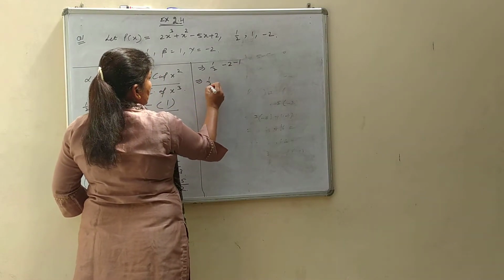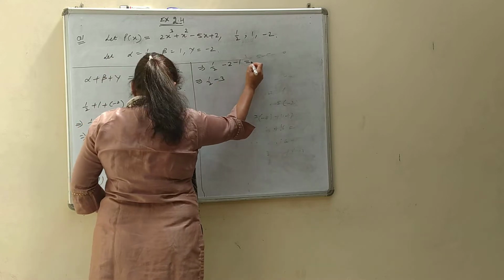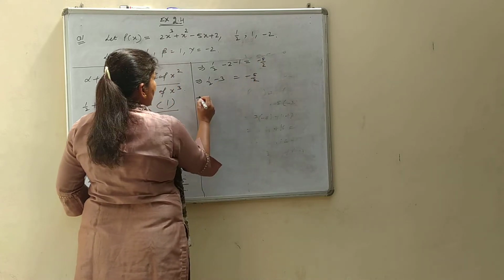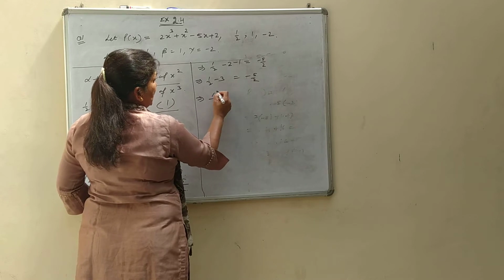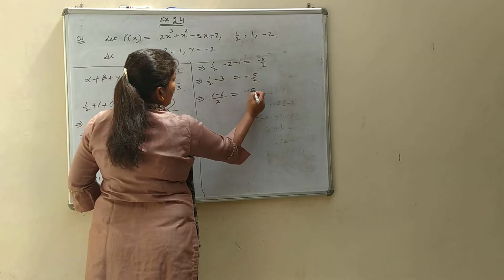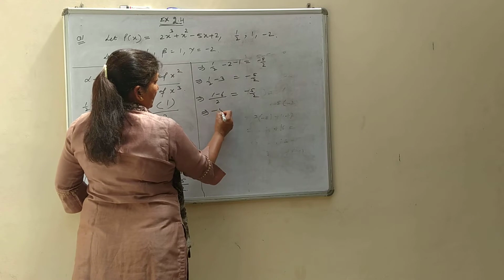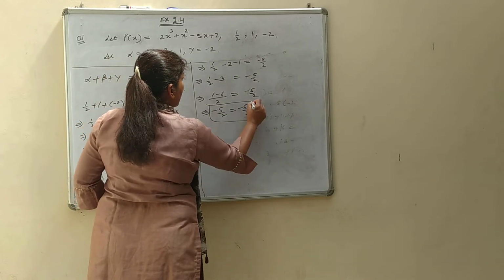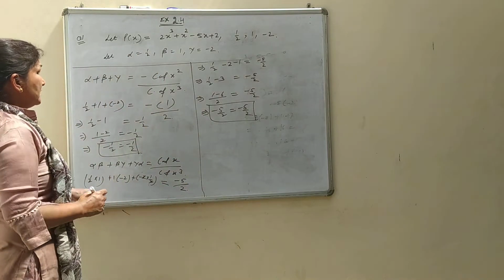So 1 by 2 minus 3 is equal to minus 5 over 2. By taking LCM, 1 minus 6 is equal to minus 5 over 2. Therefore left hand side is equal to right hand side. Hence verified.